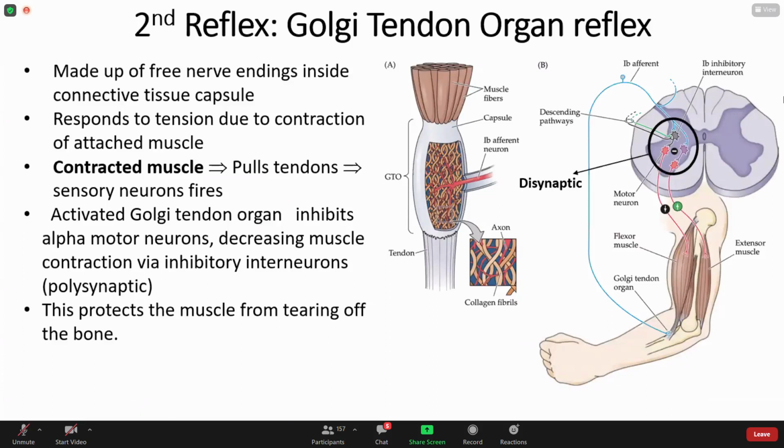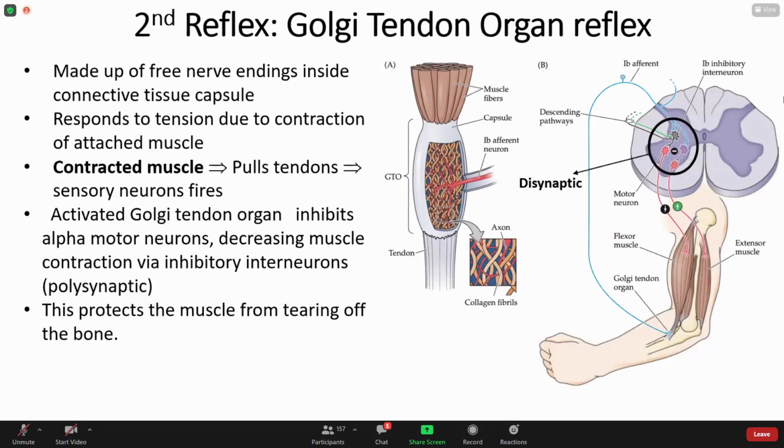Okay, good. Now the second reflex is the Golgi tendon organ reflex. As we said, any reflex requires a stimulus, and in this case, the receptor that is most sensitive to tension is the Golgi tendon organ.